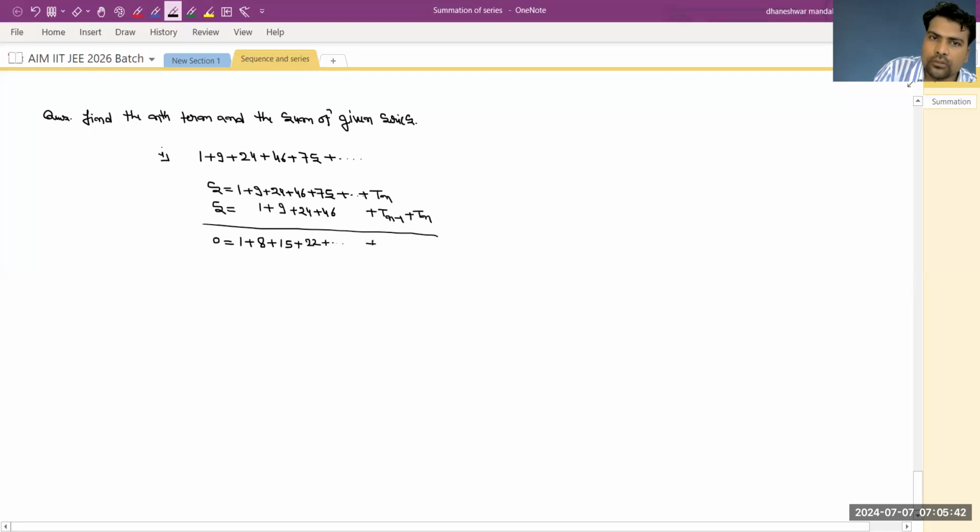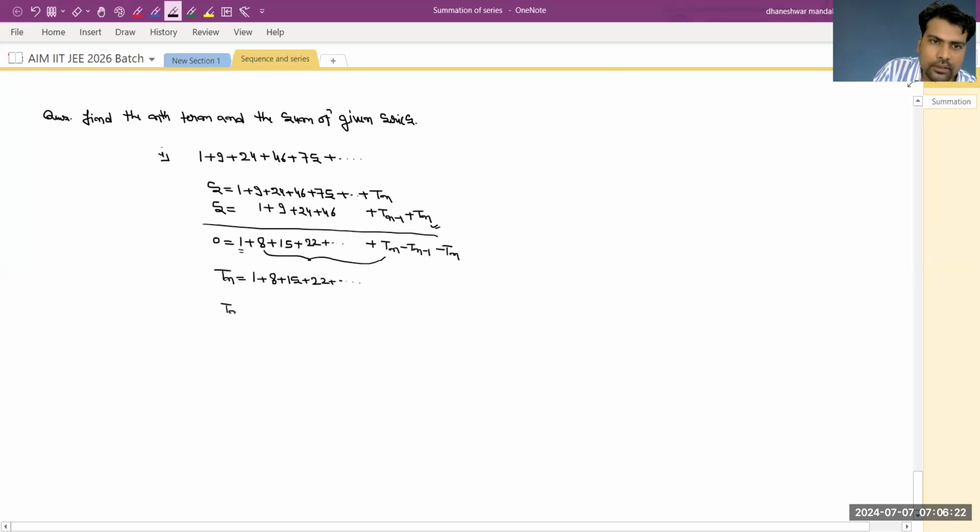Here we have T of n minus T of n minus 1, and this term will be negative, and I take this term to the opposite side. So T of n is there, and 1 plus 8 plus 15 plus 22 are in AP. If I take the terms up to T of n minus 1, then there are n minus 1 terms, but luckily this one is also included in this series, and it makes this sequence an AP.